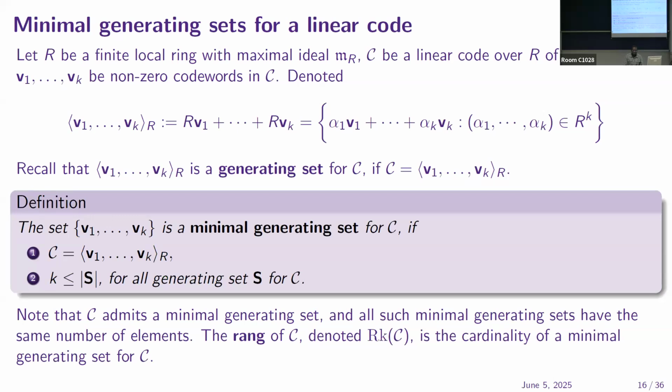You know that any minimal generating sets have the same cardinality, and that cardinality is called the rank of C. It is denoted rk of C. Okay, when the ring is a field, the rank of C is the dimension.